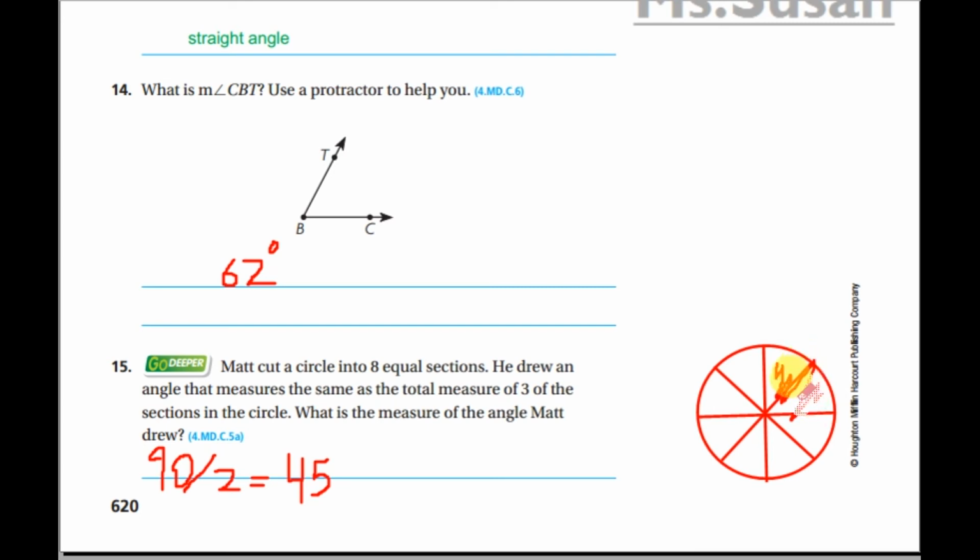So each 1/8 is 45. So this is 45, and this is 45, and so on for all 8 parts. So in this case, my angle is 3 parts. Each 1/8 is 45 degrees.